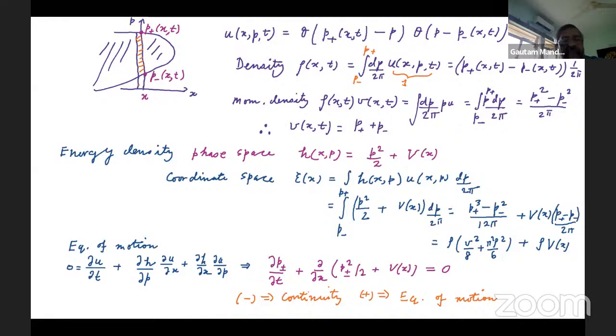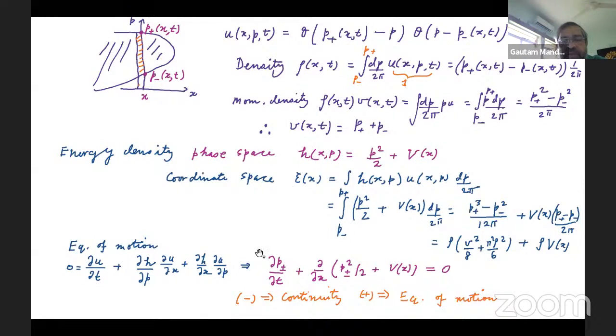So the thing is that everything you need to know here is that, let me just claim that you know this. If you start from the equation of motion for U, which is given in terms of these theta functions involving P plus and P minus, then when you act these derivative operators on these things, there are delta functions and theta functions and so on and so forth.